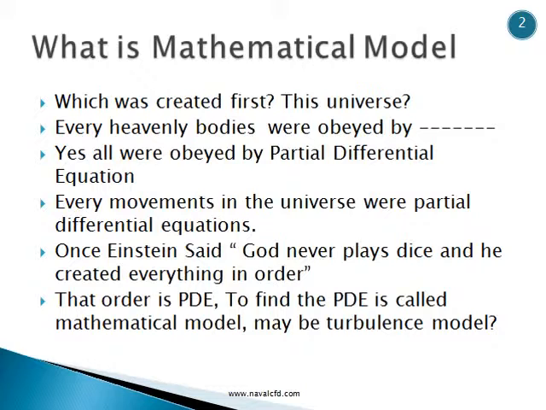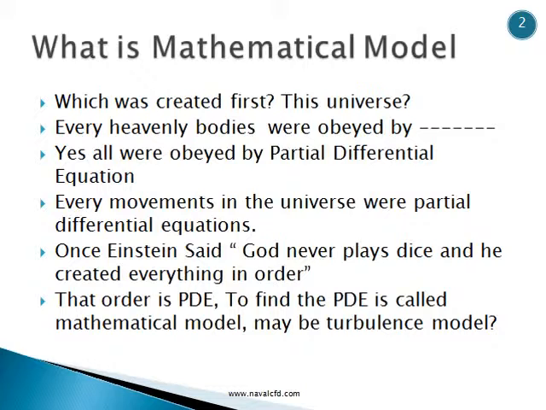No, actually, these heavenly bodies were obeying some laws, some partial differential equations. So this earth or sun or moon all are moving and obeying some equations. So my question is, which one was created first? Maybe the partial differential equation was created first, and that's why everything is obeying it.